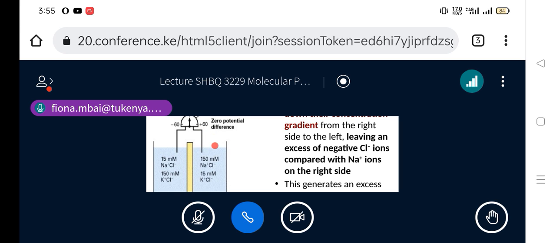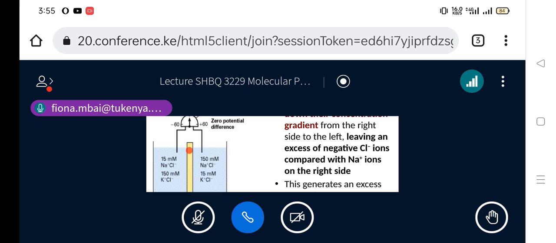So sodium ions tend to move down their concentration gradient from the right side to the left. When they move, they will leave an excess of chloride ions, which are negatively charged compared to the sodium ions, on the right side.